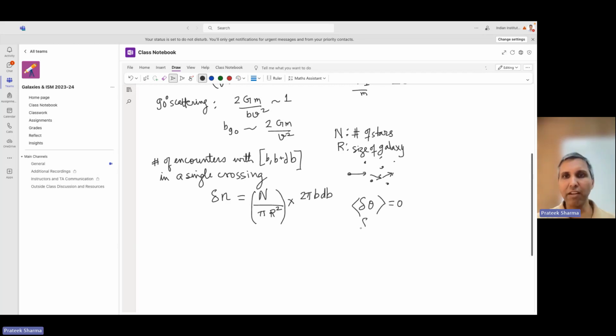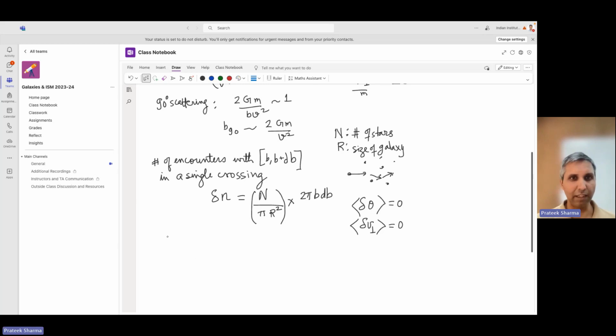Or the average of delta v perp is 0. But this does not mean that there is no effect of collisions, right? What will happen due to these strong interactions is that you will have a random walk in theta. Although you will have a mean theta value which is 0, you will have a spread of theta.